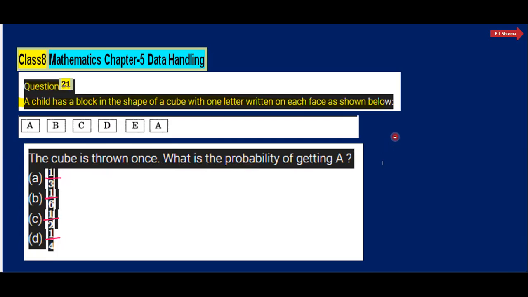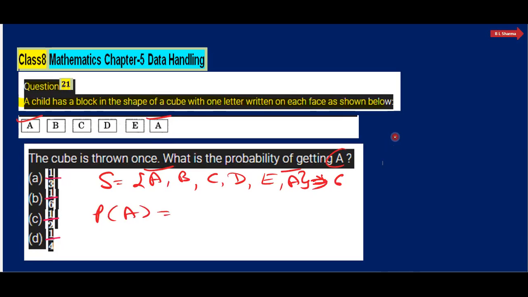Total in the sample space, that is A, B, C, D, E, A. On counting, it is 6. And A appears 2 times. So the probability of getting A is 2 out of 6. That is 1 upon 3. So A is the correct answer.